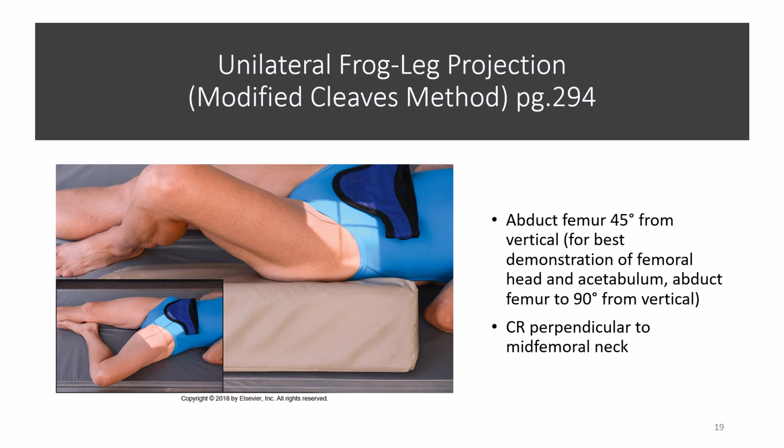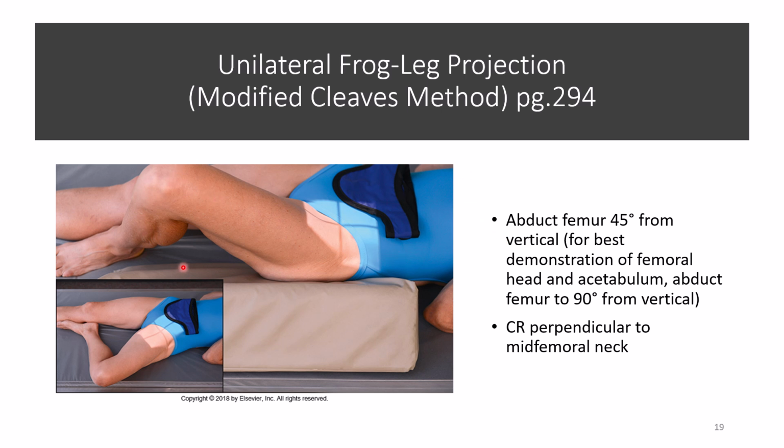Next, we have the unilateral frog leg, or the lateral of the proximal, and this is on page 294. Now this image right here does not look like the one in your book, but the next image will be the one in your book. So what we need to do is abduct.